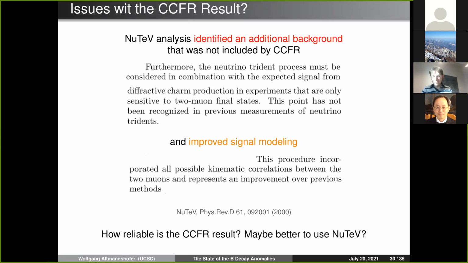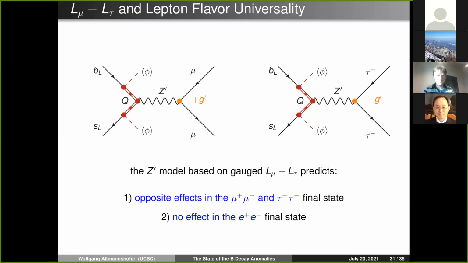So maybe it is more conservative to actually use the weaker NuTeV bound in order to constrain the Lμ−Lτ parameter space. Anyway, this is just a side remark that I wanted to make in this context.